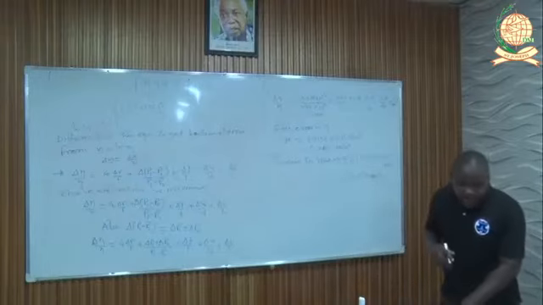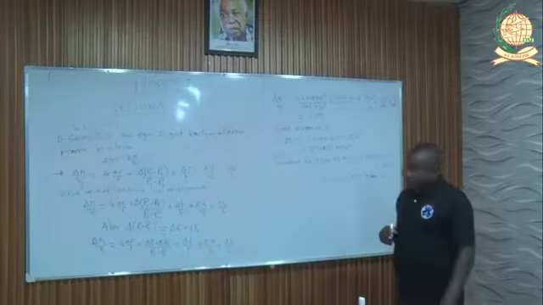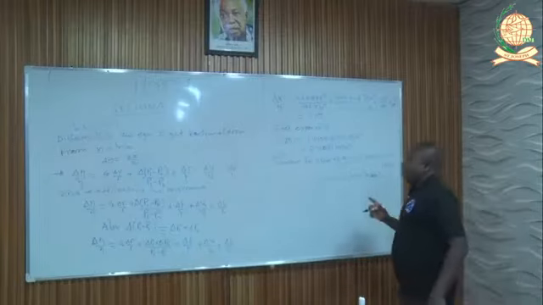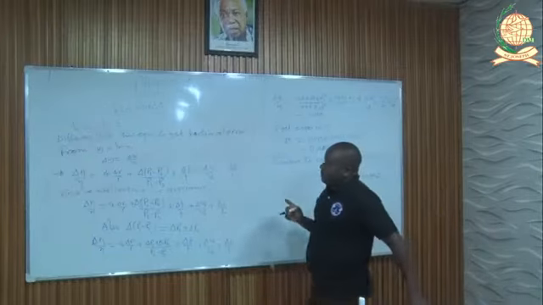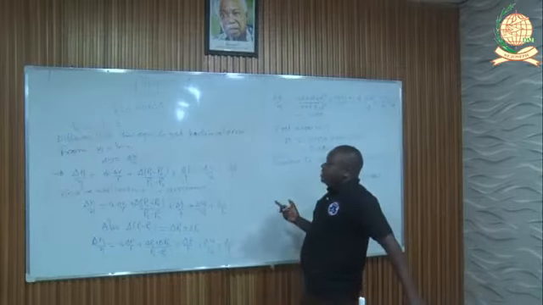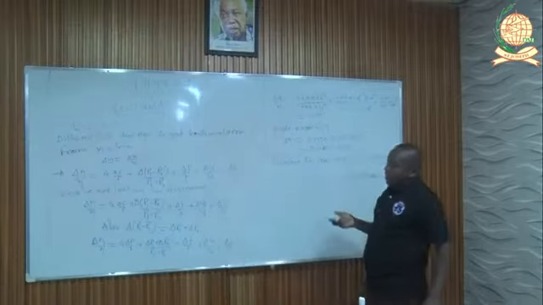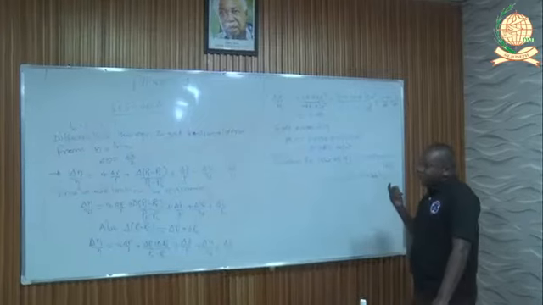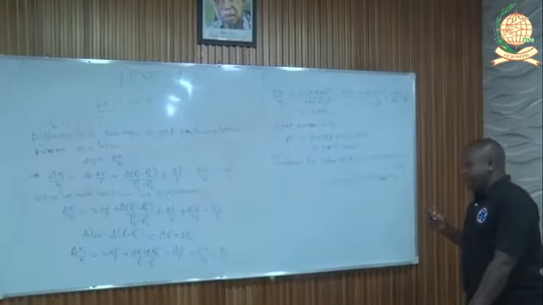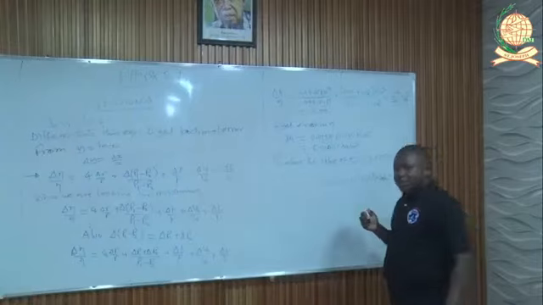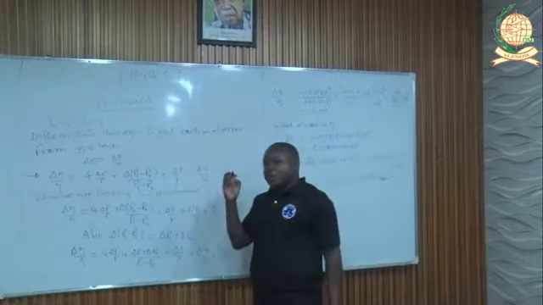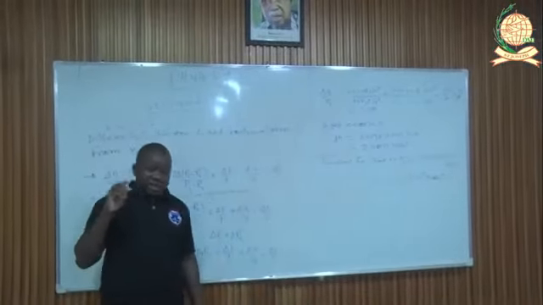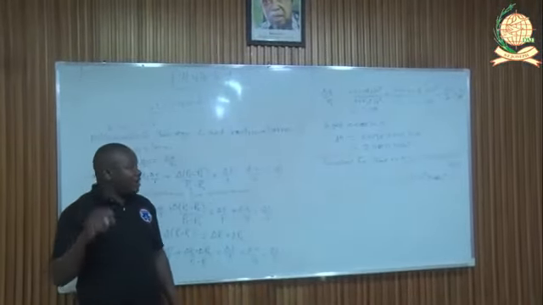The next is: state the principle of homogeneity for dimensions. Of course, the principle of homogeneity states that a given physical quantity or equation is said to be dimensionally correct if and only if the dimensions of each term on either side of the given relation or physical equation are the same.